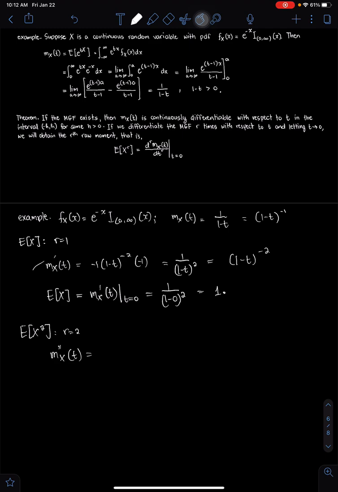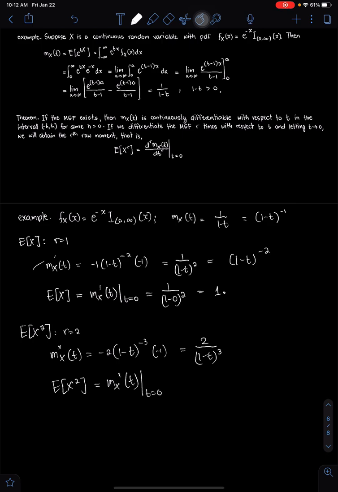So the derivative will be negative 2 times (1 minus t) raised to negative 3 times negative 1, or 2 all over (1 minus t) raised to the third power. So the expected value of x squared is equal to M_X double prime of t evaluated at 0, so that will be 2 all over (1 minus 0) cubed, and that is equal to 2.